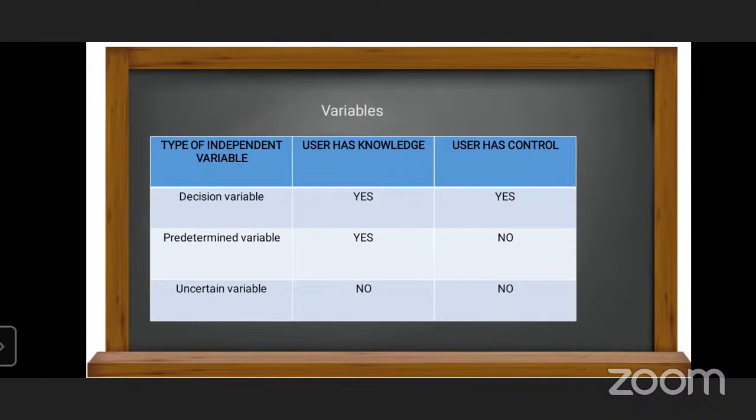The second is where he has the knowledge but no control. That is called a predetermined variable, like rainfall. We know that rainfall may come, we know its effect, but we don't have any control over it. Third, we have the uncertain variable, where we have no knowledge and it is not in our control either, like how this COVID pandemic was. This was completely unforeseen.